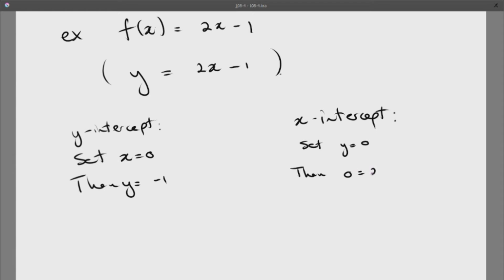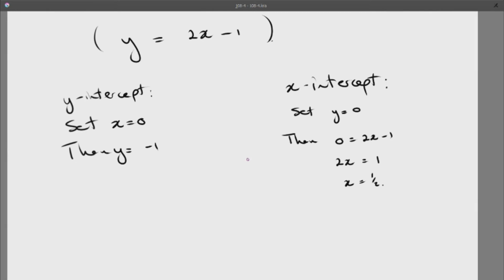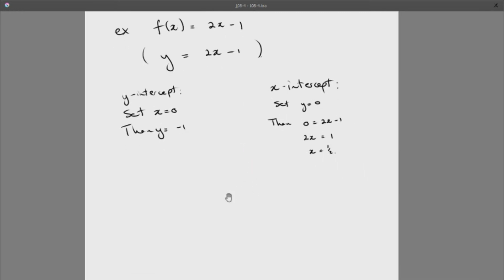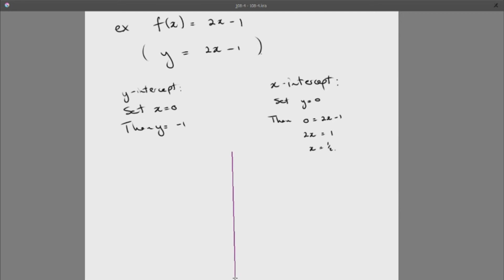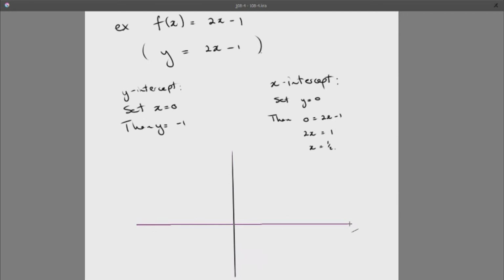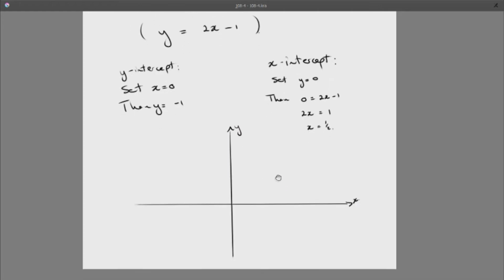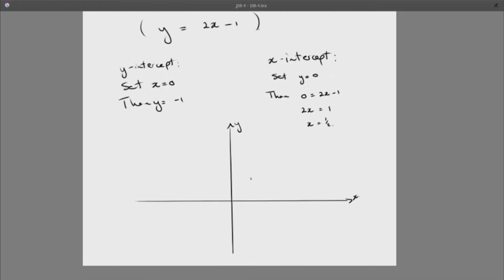So then 0 equals 2x minus 1. I solve for x. 2x equals 1. And then x equals 1/2. So I could use that to set up my graph here. I'm not going to worry too much about the scale right now. So on the y-axis, let's suppose that's maybe negative 1/2, and that's maybe negative 1.